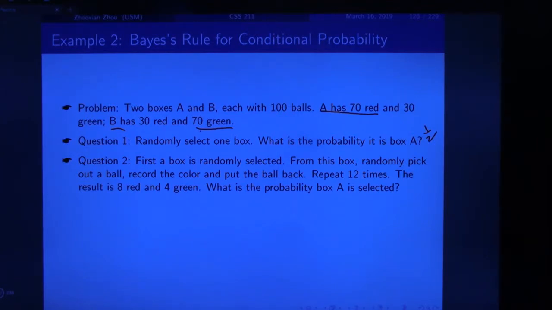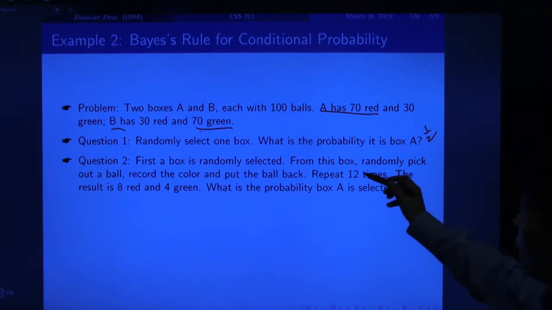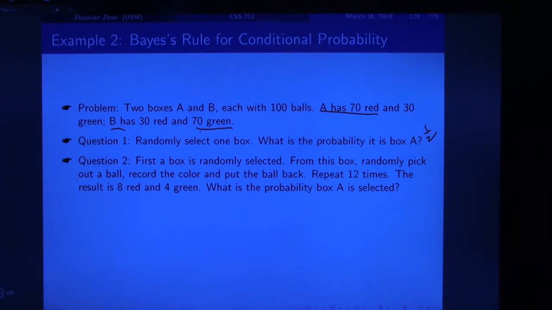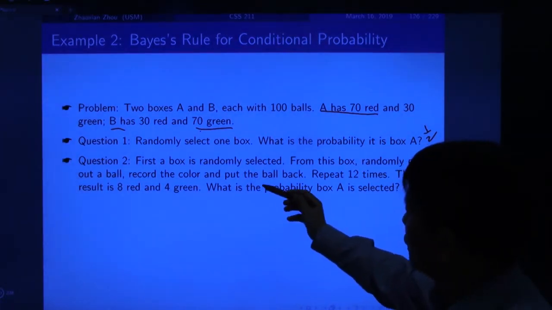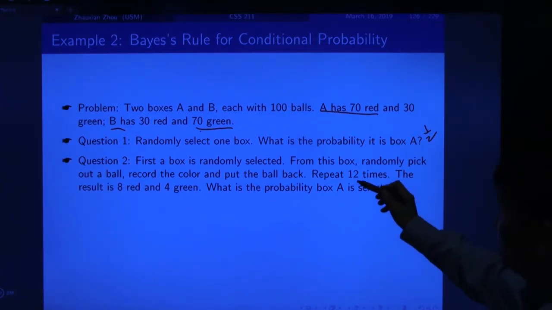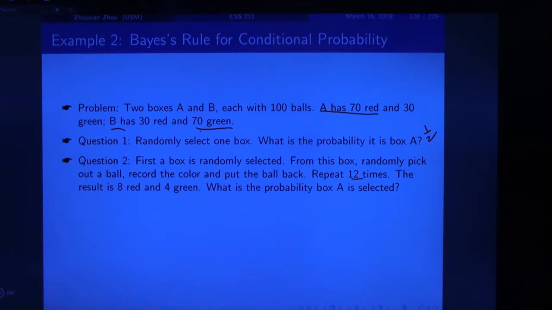You randomly choose one, we don't know A or B. And once you select this box, from this box you randomly pick out a ball, record the color, and put the ball back. Then we repeat this 12 times. So you put it back, then choose another one, record the color, then put it back, then pick another one.